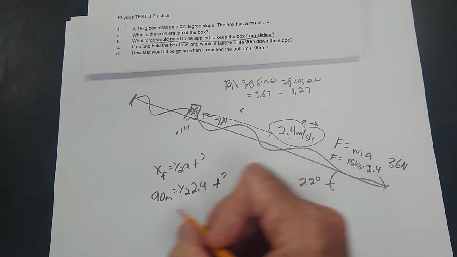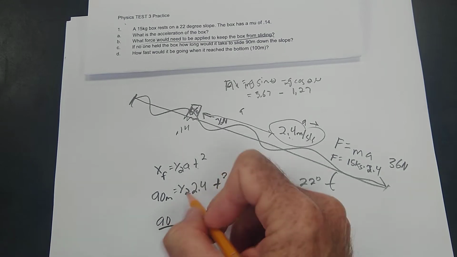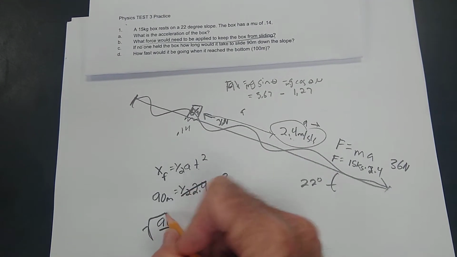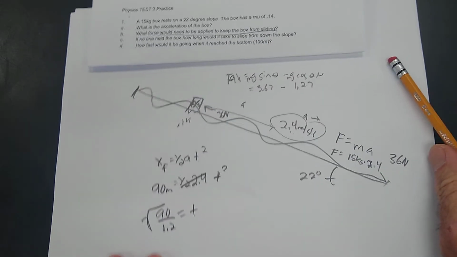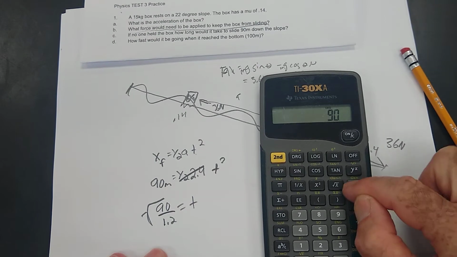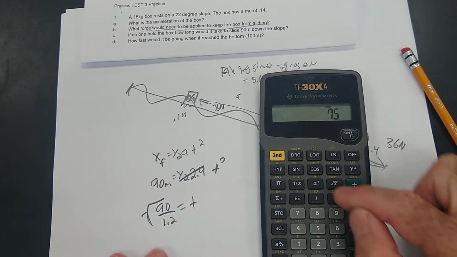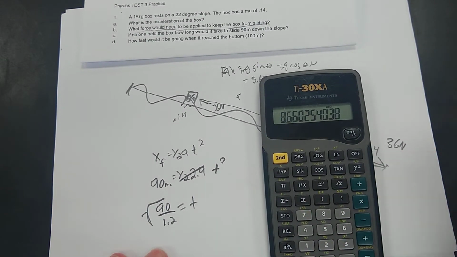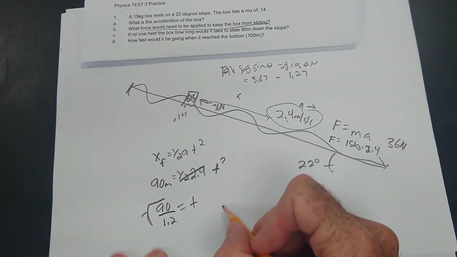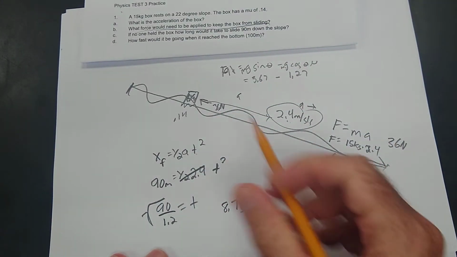I'm going to go ahead and solve that. I'm going to say 90 divided by 1.2, because that's half of that, square root equals t. That's just doing quick algebra. It's going to take it 8.66 seconds, or we'll call it 8.7 seconds to slide down the slope.